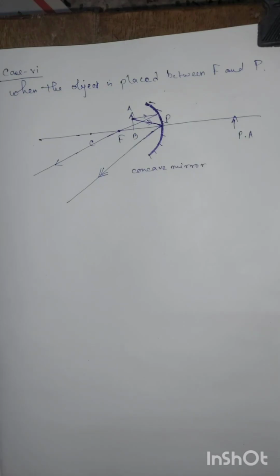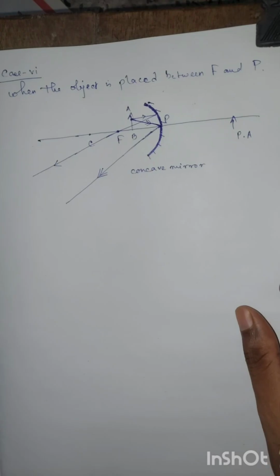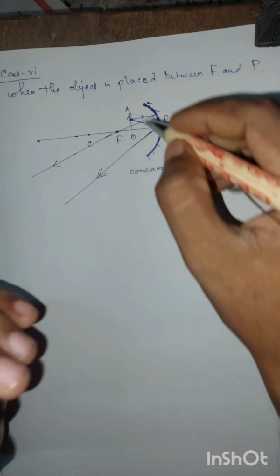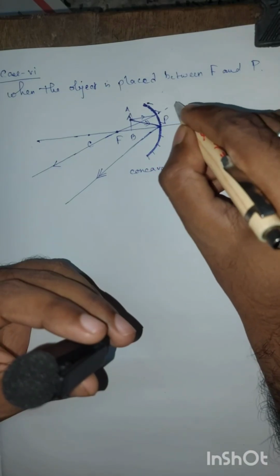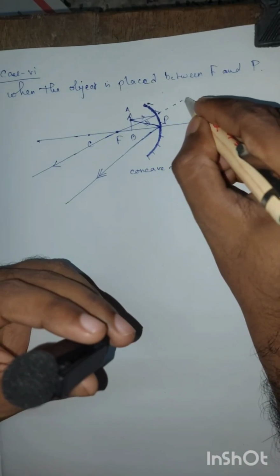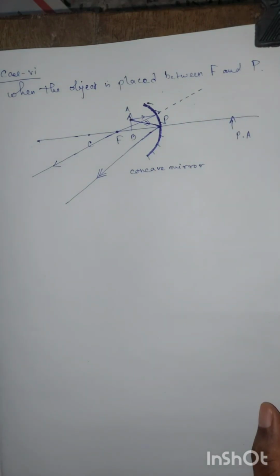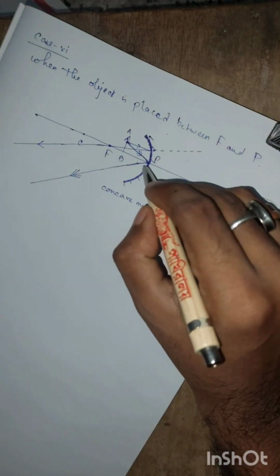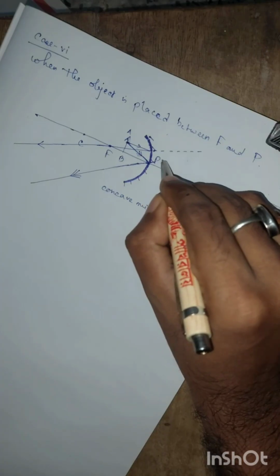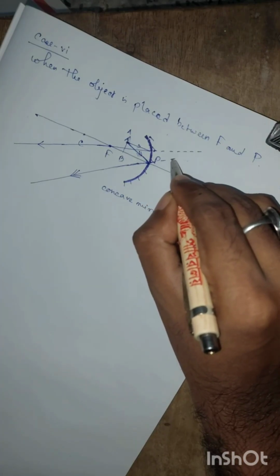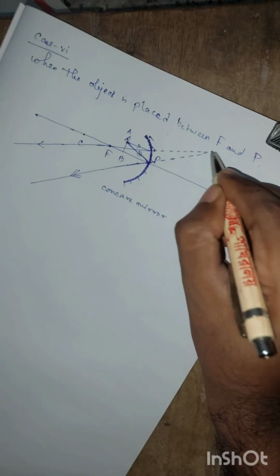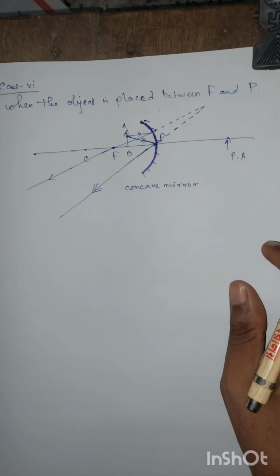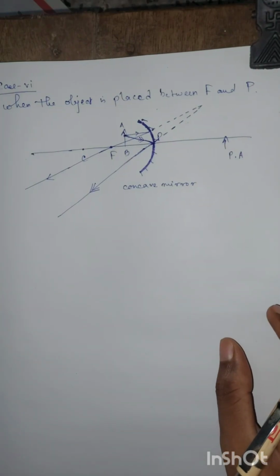Now if we produce the reflected rays backwards, they will meet at a certain point.